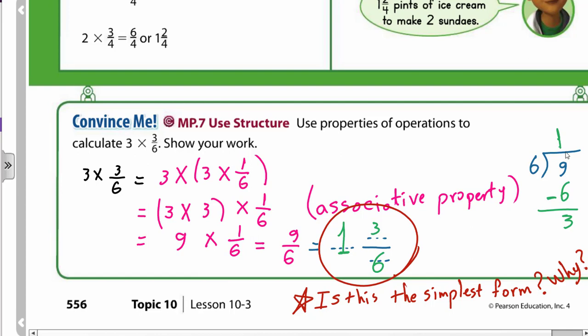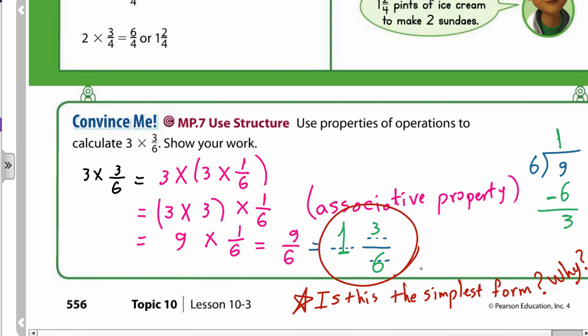It's actually not the simplest form, because we can divide it by 3. Then the answer will be 1 and 1 out of 3.